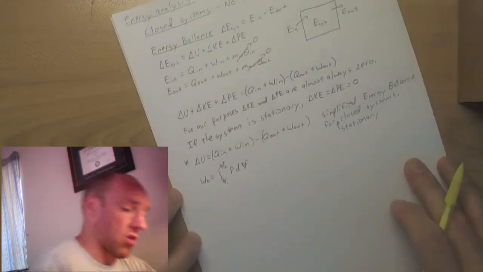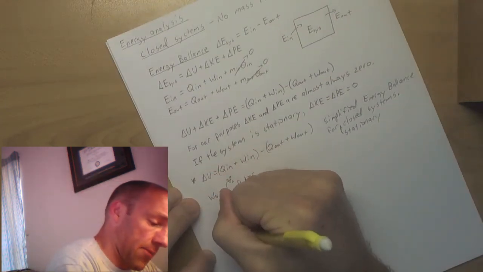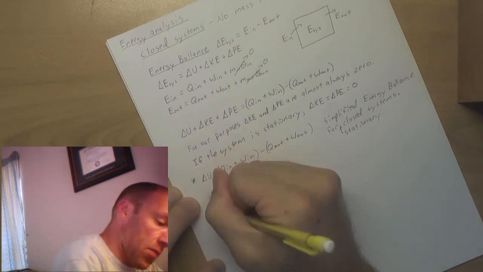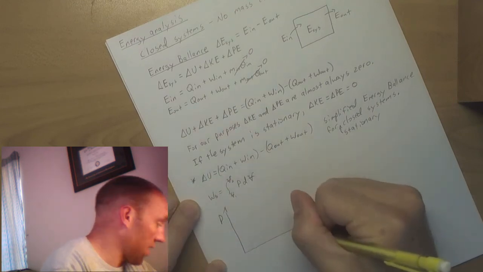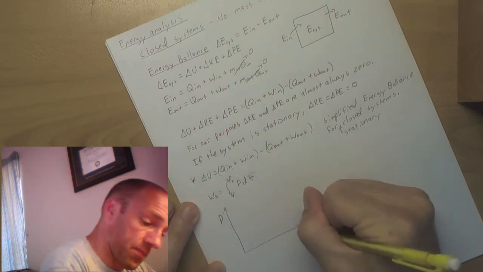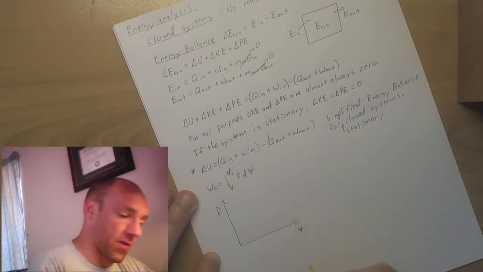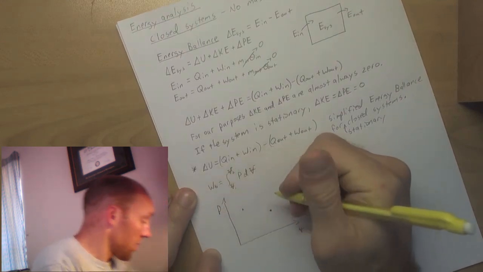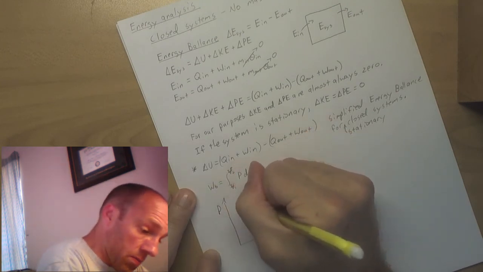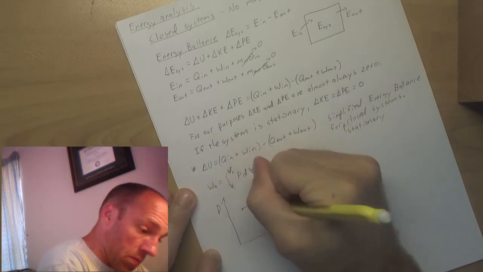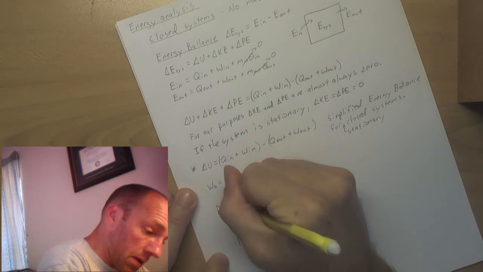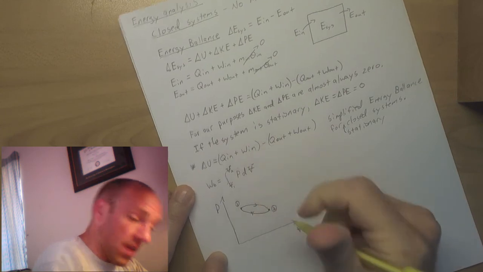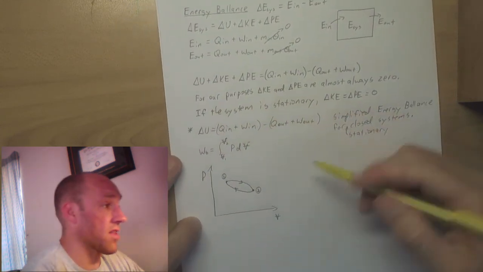I guess I could illustrate one point. If I have pressure as a function of specific volume here, and I have two states, state 1 and state 2, and here's one process.